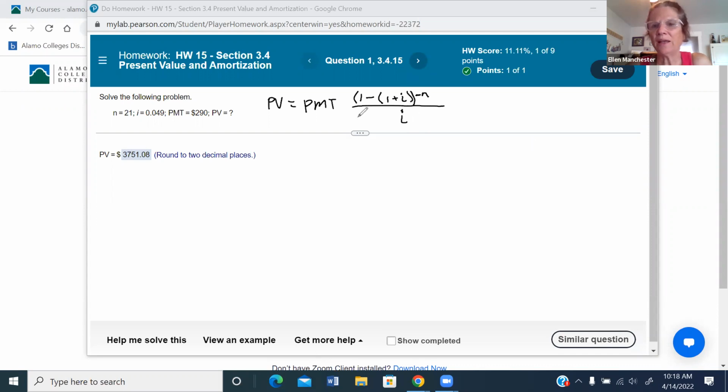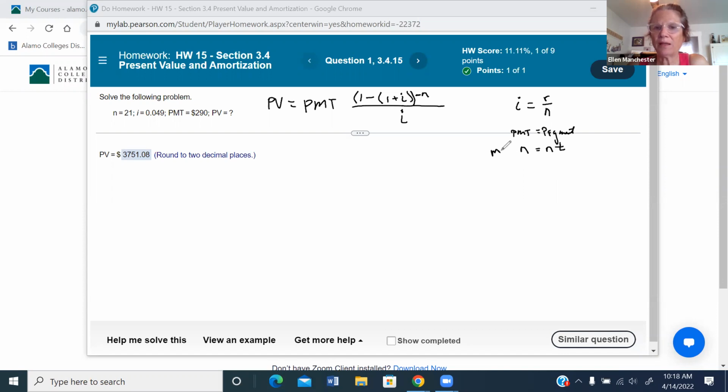And again, if they don't give you I, it is the rate divided by the number of compounds. PMT is your payment, monthly payment, yearly payment, whatever it is. And then in MyMathLab, the N is the number of payments, the number of compounds times the time.